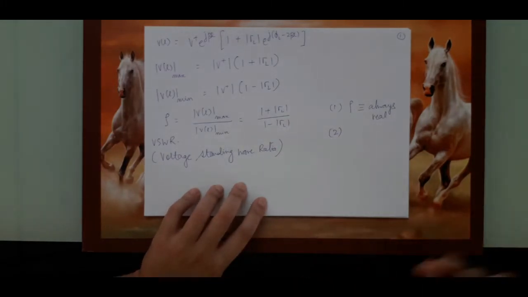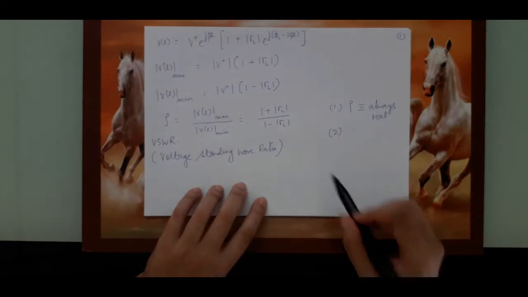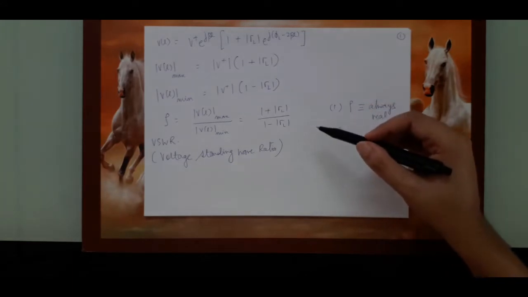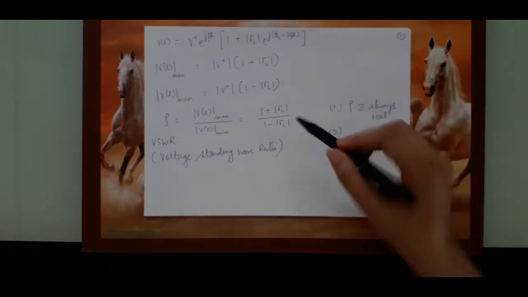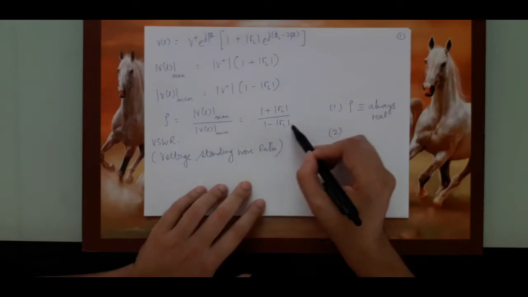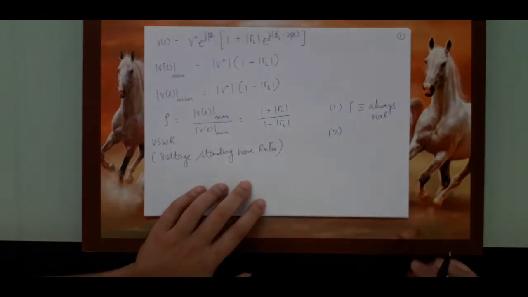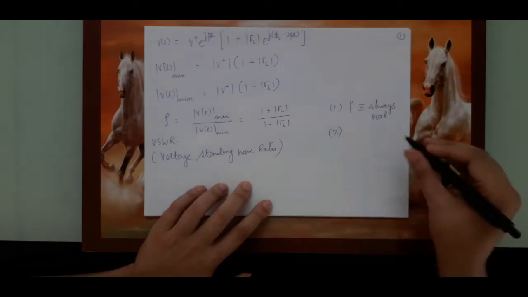What is the maximum possible value that rho can take? The maximum possible value that rho can take will be when mod gamma L becomes equal to 1. That is for an open load or a short load. So in that case, the denominator will tend to 0. So therefore, this rho ratio will tend towards infinity.